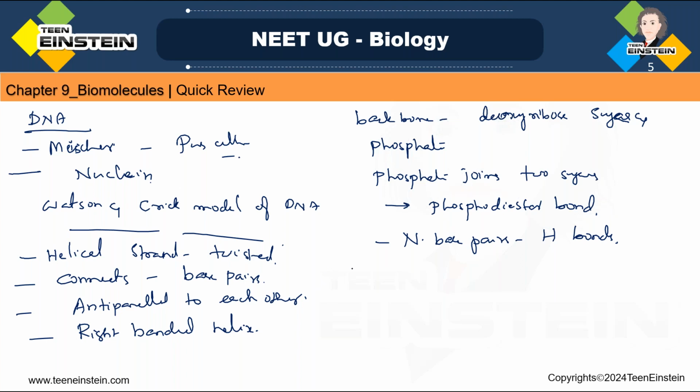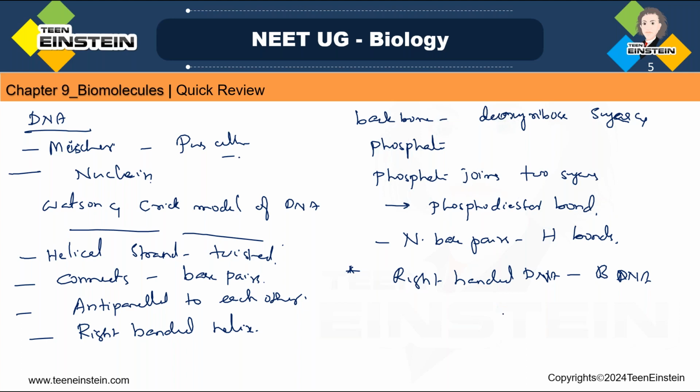Then another special piece of extra information: different forms of DNA are there. The right-handed form of DNA is called B-DNA, and this B-DNA is found in humans.